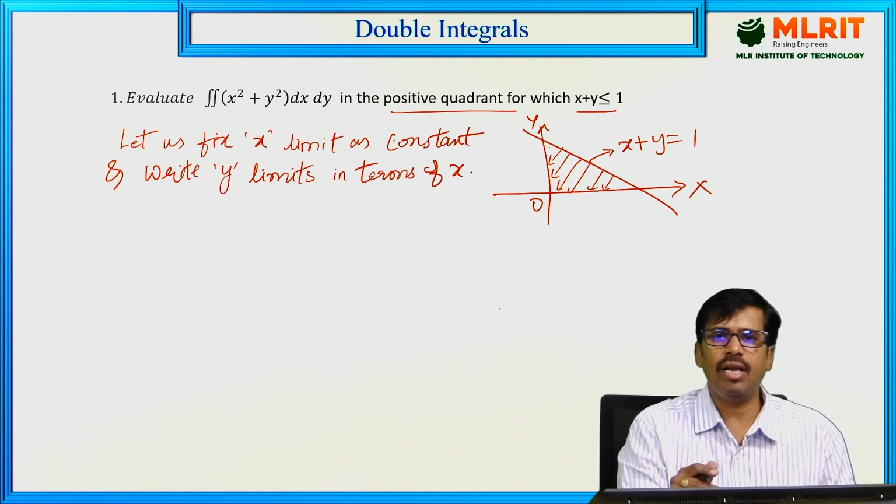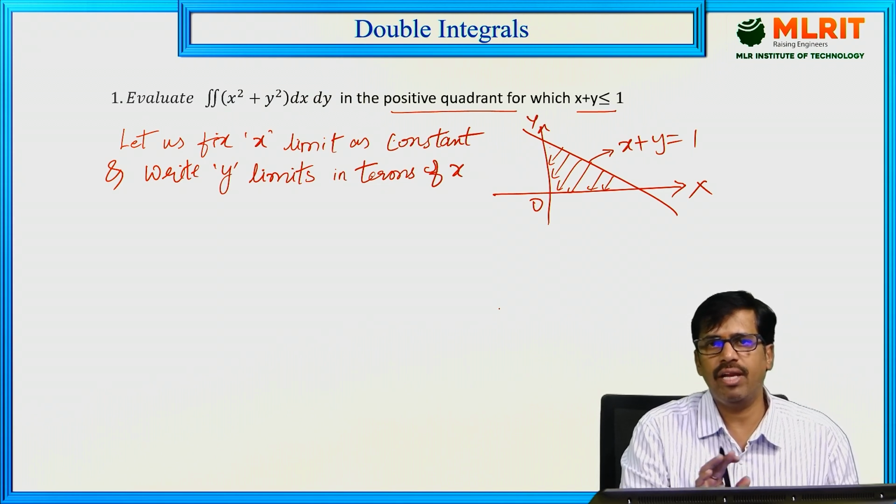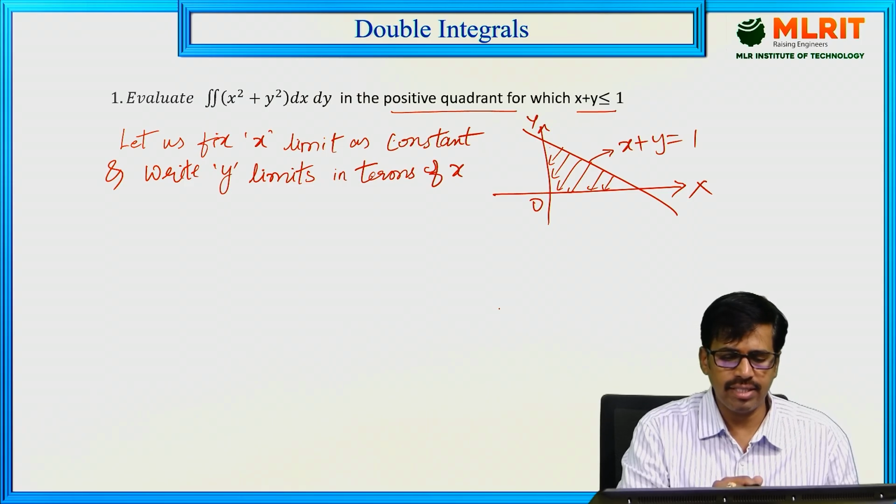Whenever the limits are not given, either you fix the x limit as constant or fix the y limit as constant. Now let us take the x limit as constant and write y in terms of x.